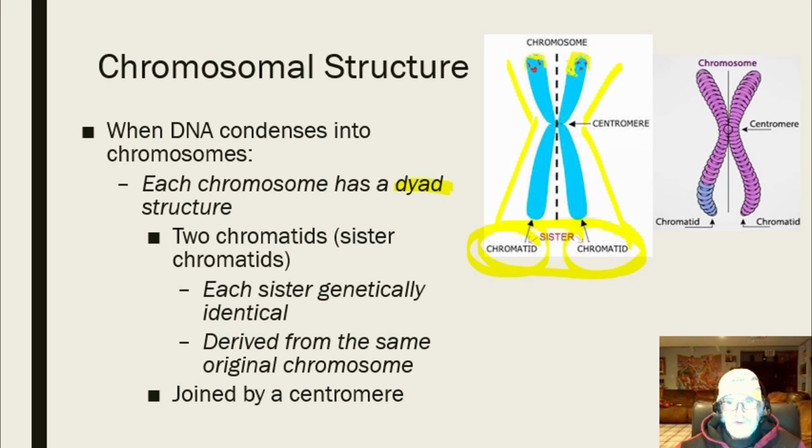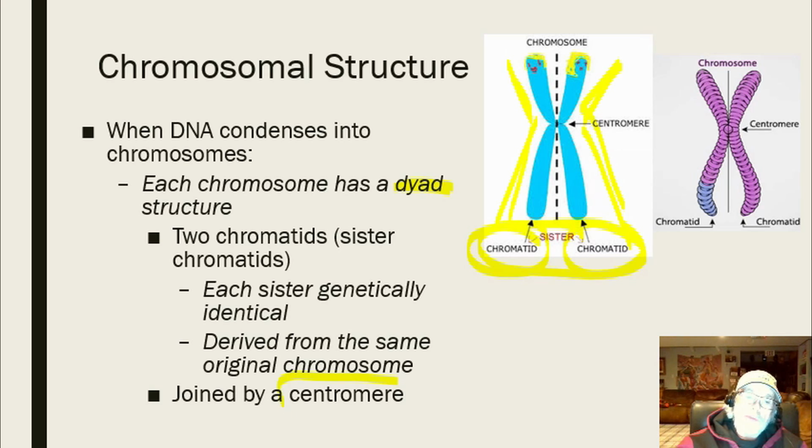So when they come together in this X shape, what you see over here is what you see over here. The reason is that they came from the same original chromosome. The same original chromosome in replication created two sister chromatids, and they finally come together.